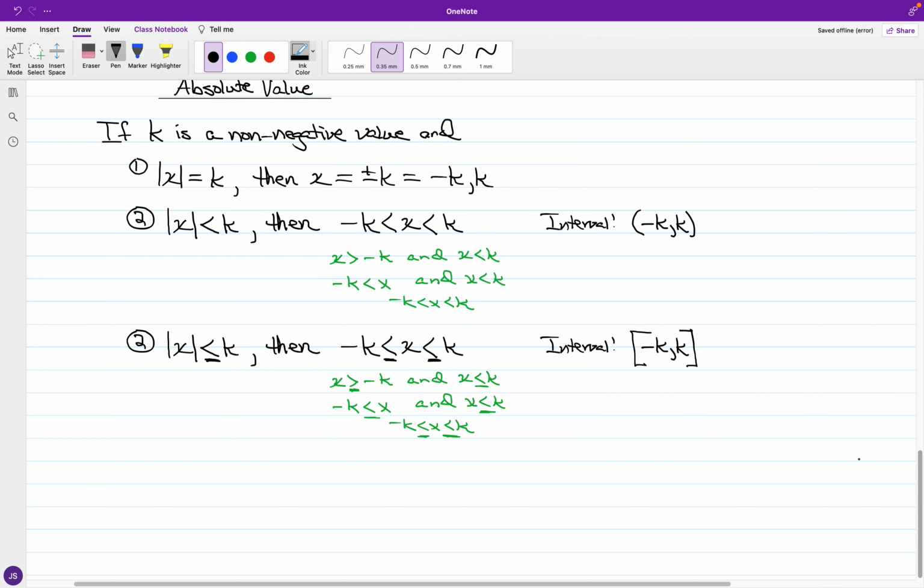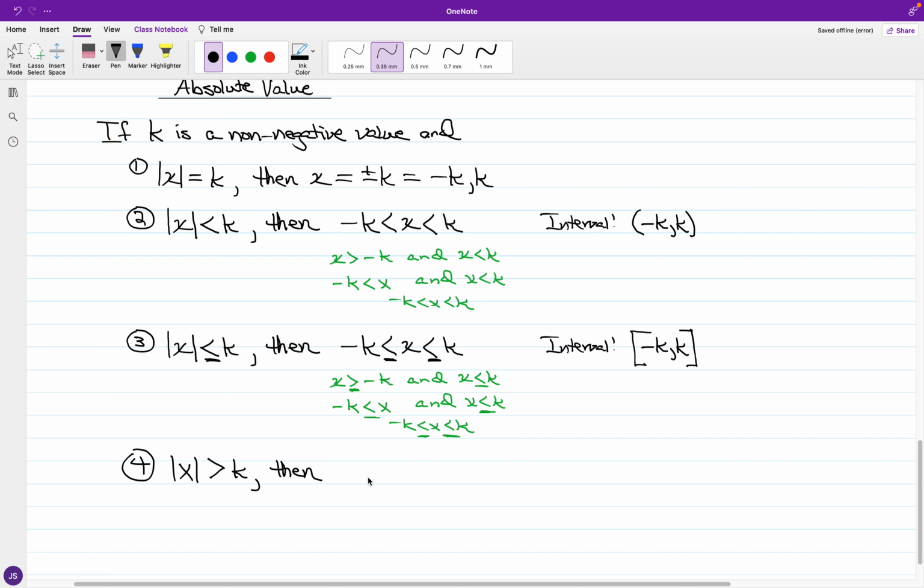Now, upon changing direction, if k is non-negative and the absolute value of x is greater than k, what's going to happen here? Remember, absolute value is the number of integral steps away from zero. The more negative a value is or the more positive a value is, the greater the distance from zero, and thus the higher the absolute value.